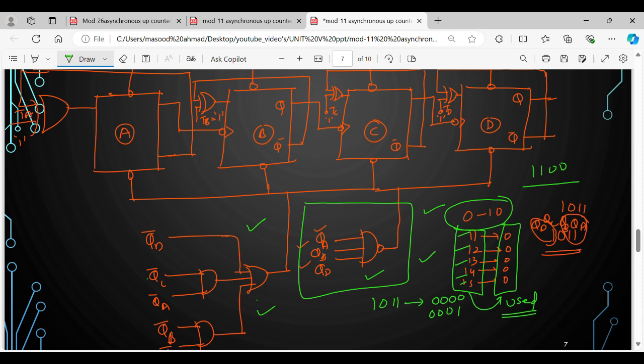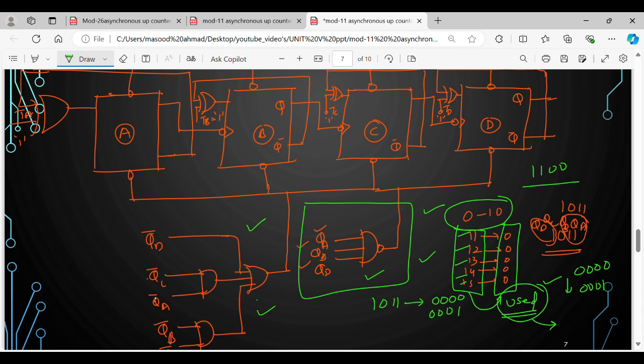But what we did is, for any unused state, it will come to a used state. Once it comes to a used state, we have a predefined way to move in used states. If it is at 00000, then we go to the next 00001, then 2, 3, 4 up to 10. So this is how we are avoiding the counter getting stuck in an unused state.